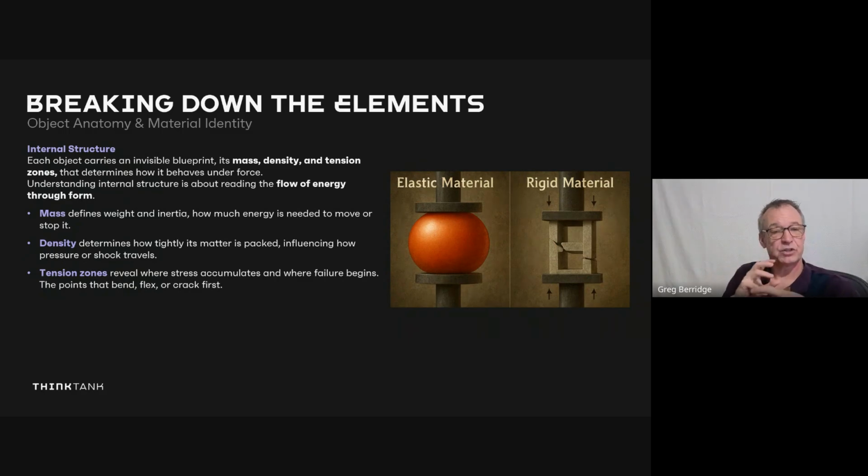And then the tension zones are the stress points, right? So this is where the failure begins. In an elastic material, it's really, really difficult to ascertain where that tension zone might be. But in a rigid material like this, it's the breakdown of the construction of it, right?